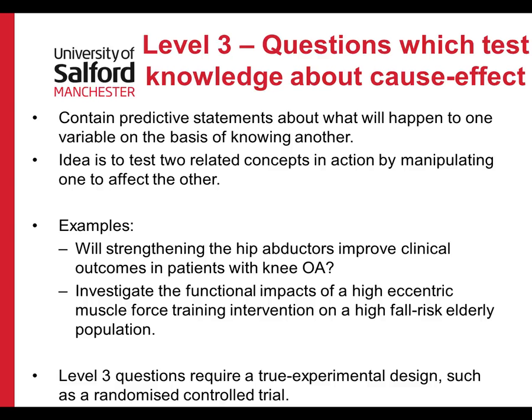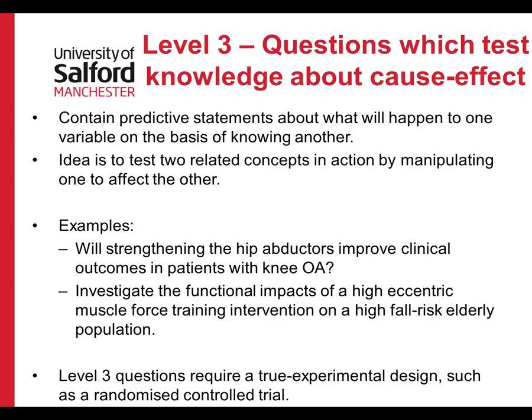So for example, in the previous level 2 slide, we looked at whether there could be a relationship between hip adductor strength and pain in knee osteoarthritis. Now, we may see that relationship, but we don't know anything about cause and effect. So, do people develop weak muscles because of their pain, or is their pain somehow related to or a cause of their weakness in their muscles?